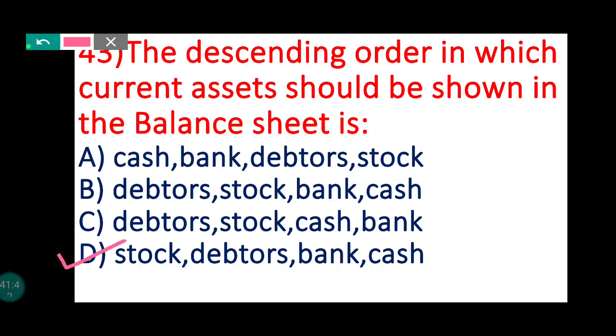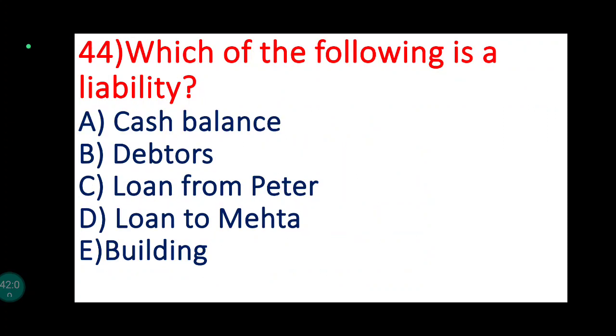So here assets we are listing from most difficult to turn into cash. So stock is most difficult to turn into cash, then debtors, then bank, and the cash itself is cash. So it is known as descending order for current asset in balance sheet, or we call it as statement of financial position. So answer is stock, debtors, bank and cash. Next one, 44. Which of the following is a liability?